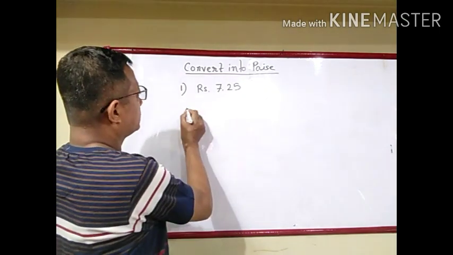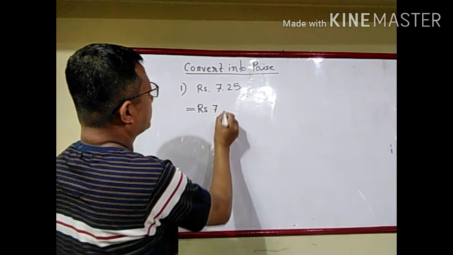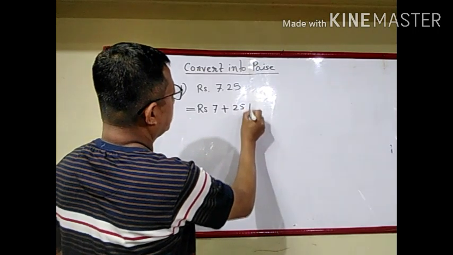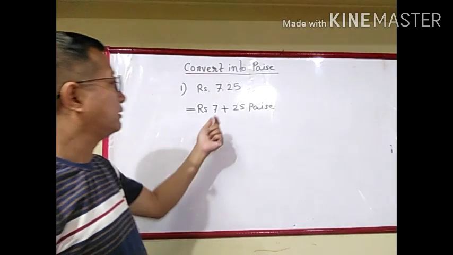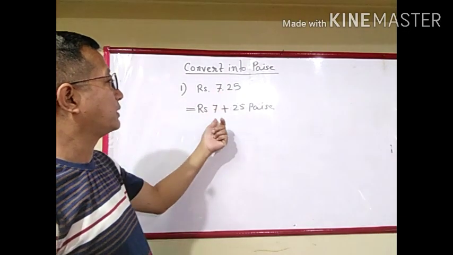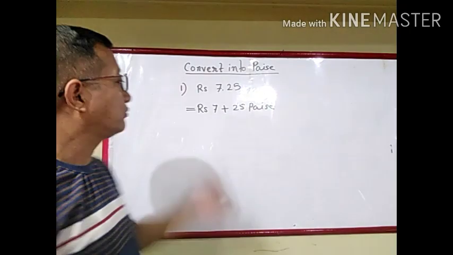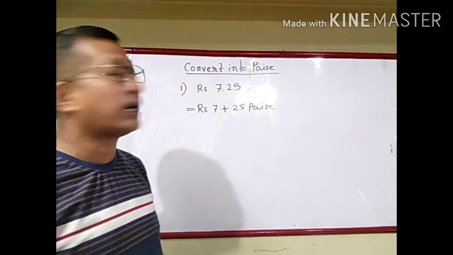So you can write this way: equal to rupees 7 plus 25 pies. Okay, this way you can write. Before the decimal is rupees and after the decimal point is pies. And we know 1 rupee equals how many pies? 1 rupee equals 100 pies.